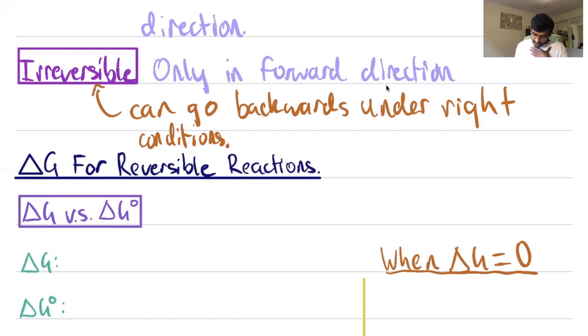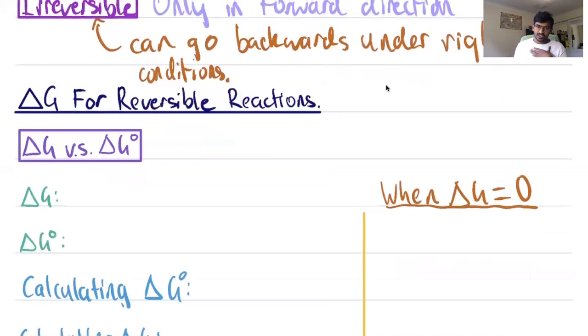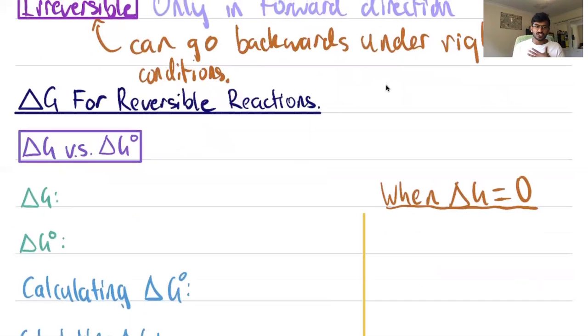The next thing we can think about is what are the actual conditions of delta G which allow for a reaction to be reversible or not reversible. Before we can talk about that, I want to distinguish delta G and delta G naught. We're going into a little more detail than you'll probably need, but it's useful to understand this concept.